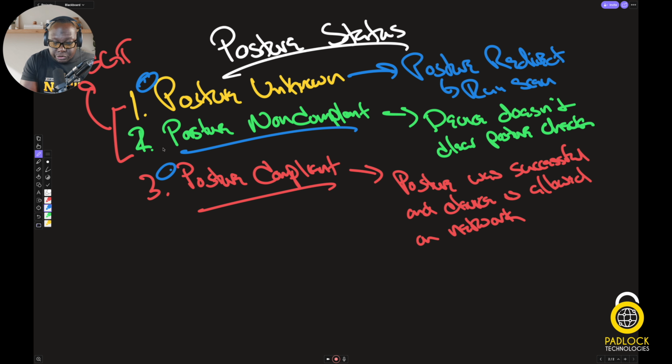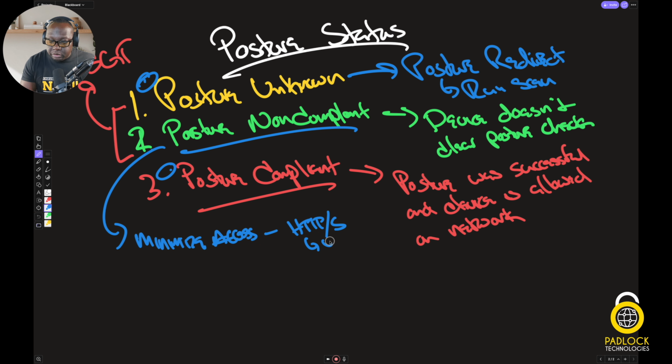Well, there's a couple of things that you can do. You can minimize access, which depends on your posture conditions, and that's the next thing you're going to get tripped up on. You can minimize access, meaning you can just say you get HTTP and HTTPS to get updates.